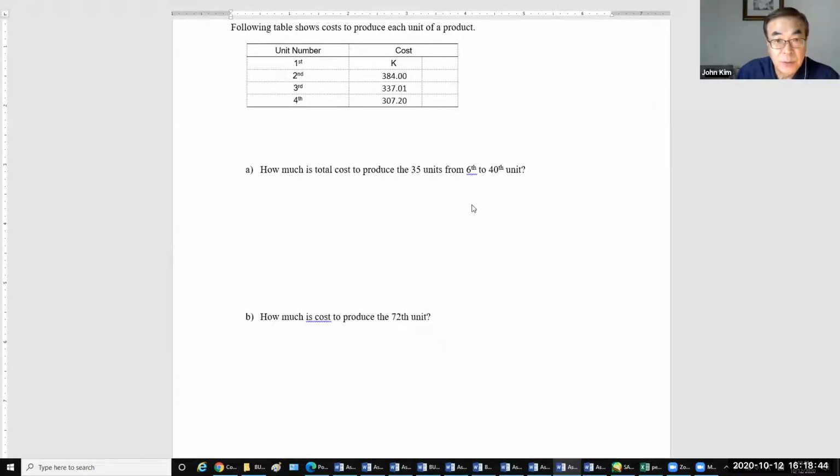To get this one, we need K and B, the learning percentage, but this one doesn't give them. So we need to figure out the initial cost K and also the learning percentage. To get K and the learning percentage, we need the arithmetic learning curve concept.